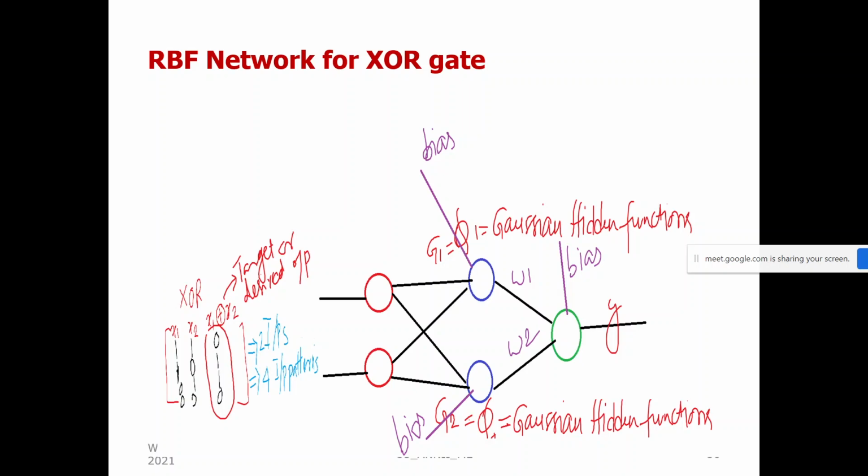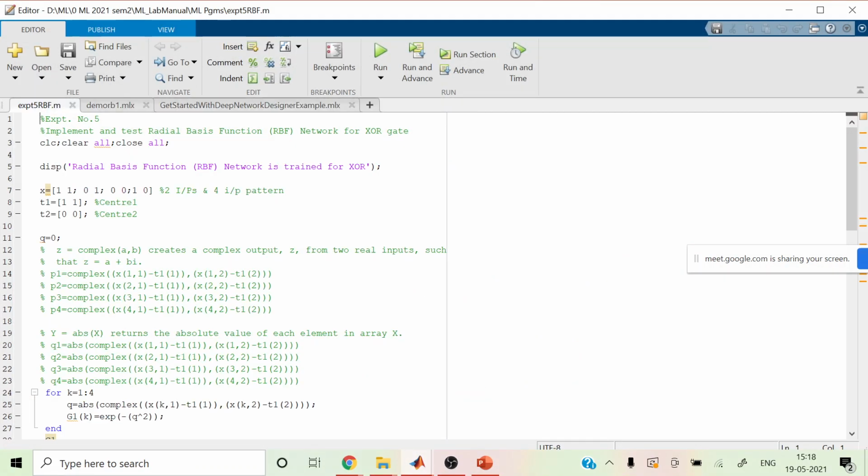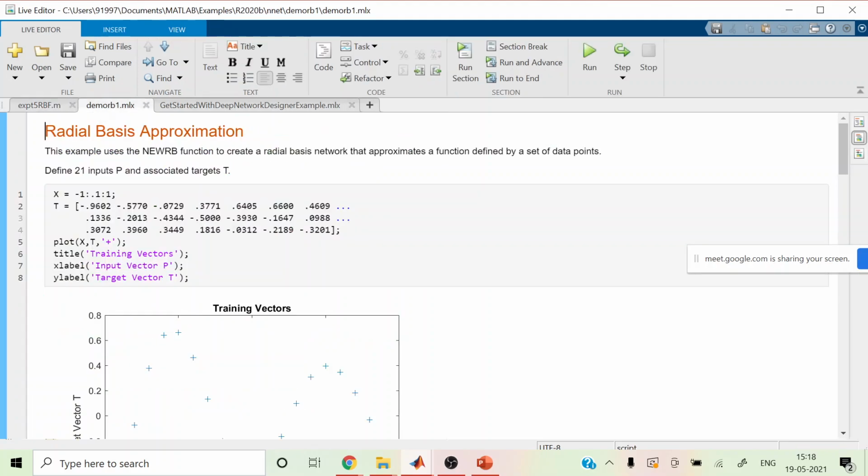Before going to that, I would like to show you one more thing in MATLAB. You can go and directly search the help file for radial basis approximation. This example uses the newrb function to create a radial basis function network that approximates a function defined by a set of data points. It defines 21 inputs p and associated targets, because radial basis function is a supervised learning algorithm.